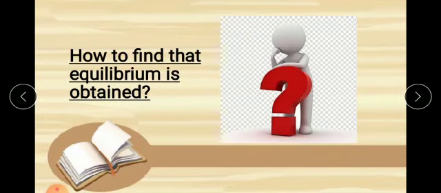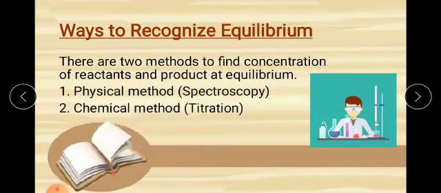So, how to find that equilibrium is obtained? Students, the second topic is ways to recognize equilibrium, or to find out whether equilibrium is obtained or not. There are two methods to find the concentration of reactants and products at equilibrium.